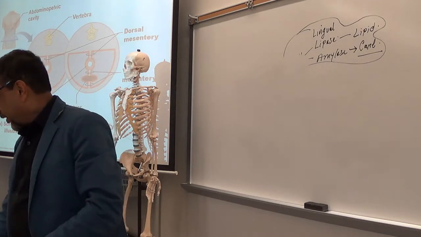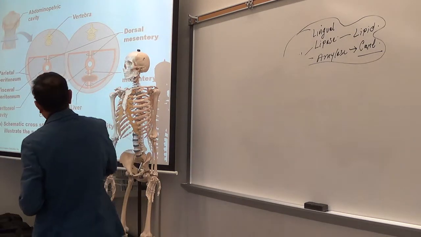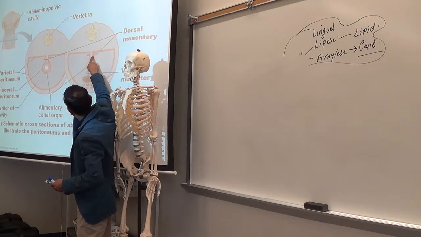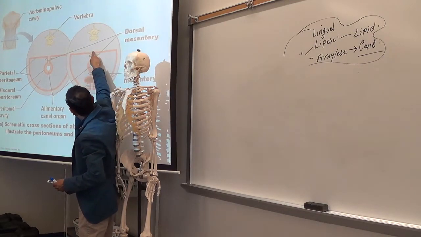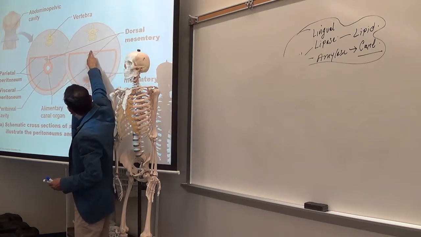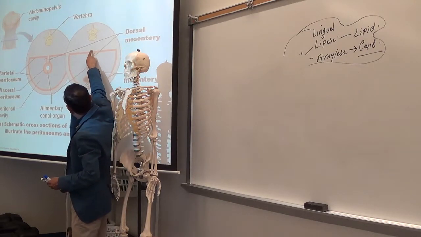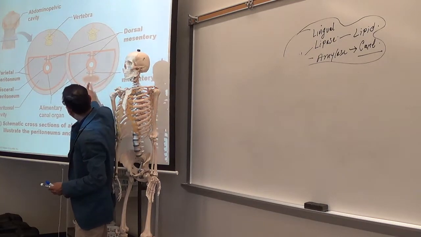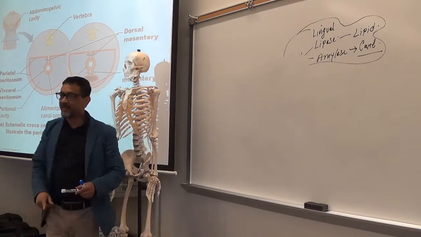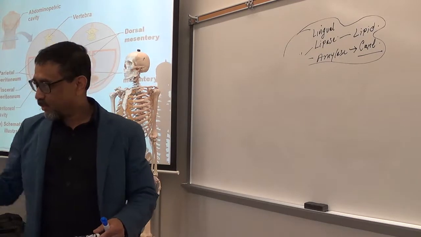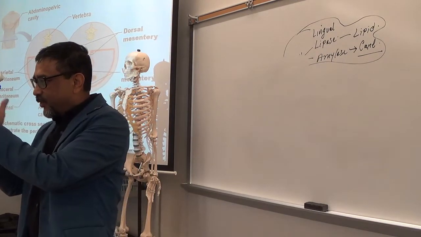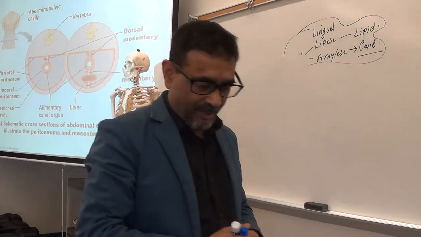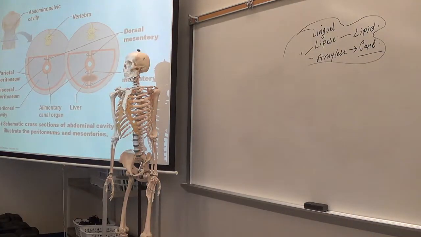Number two, you see there is a space between these two. And through that space, blood vessels and nerves enter into the organs. Okay? So from the wall, the blood vessels and nerves can pass through the space between those two, right? So it provides passage for the blood vessels and nerves.